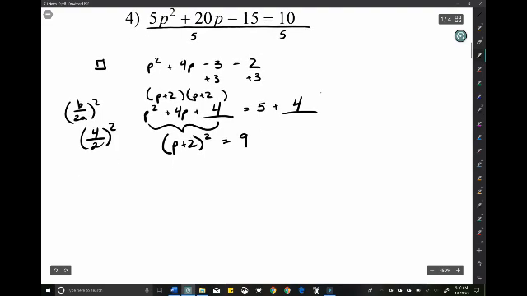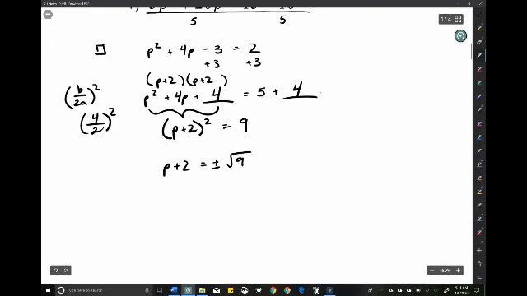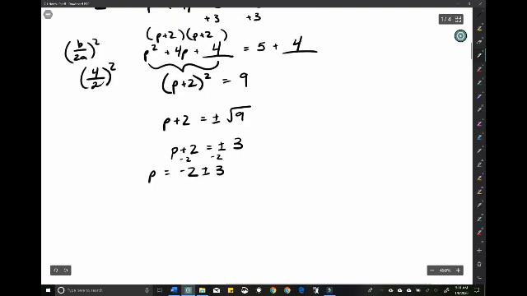And from here we can square root each side. So p plus 2 is equal to plus or minus square root of 9. Here's another example where it comes out to be nice. So p plus 2 is equal to plus or minus 3. From here, p is equal to negative 2 plus or minus 3, which means I have two possible solutions.